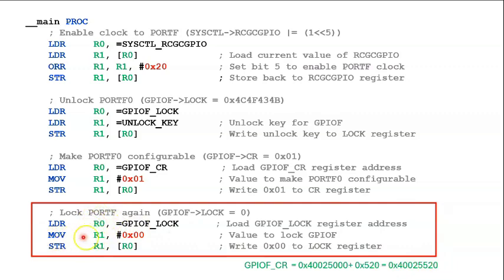And then this move instruction will copy this hex value, 00 hex, into register R1. Basically, this is the value that will lock the GPIO F. And then here, this store instruction will store the current value of R1 into an address pointed to by R0. And R0 is pointing to this address that will write this value into this address, which is the lock register.